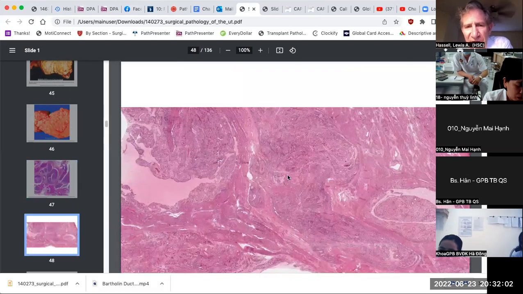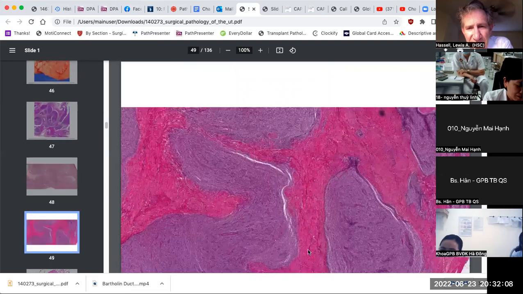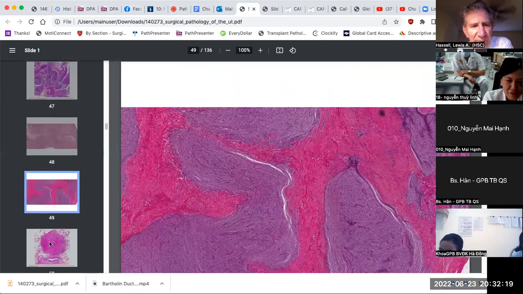Here, these lesions may be in some of the larger vessels as well. Here's another example of endometrial stromal sarcoma, again showing this contrasting pattern with a very diffuse pattern of infiltration.